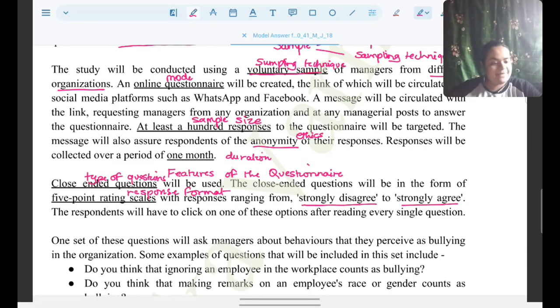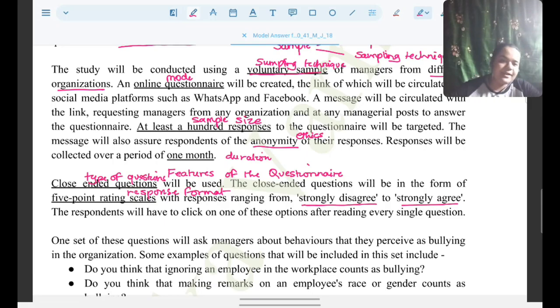The respondents will have to click on one of these options after reading every single question. Because it's an online questionnaire, you can imagine a Google Form, and there are going to be 5 response options beneath every question, and they just have to click on the one which is most true for them. So that is how I visualize my questionnaire, and that's what I'm describing in words here.